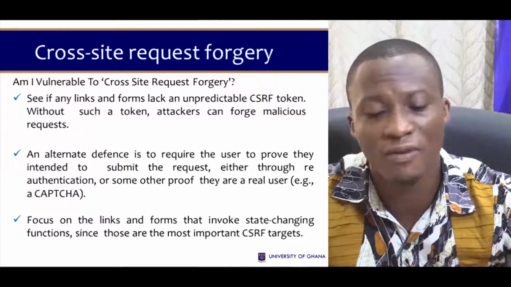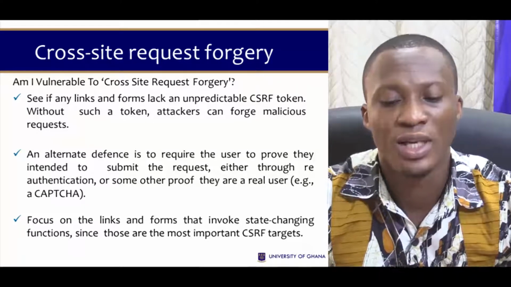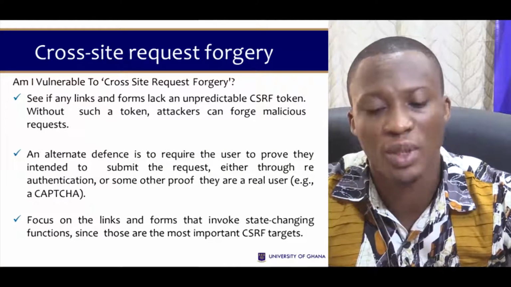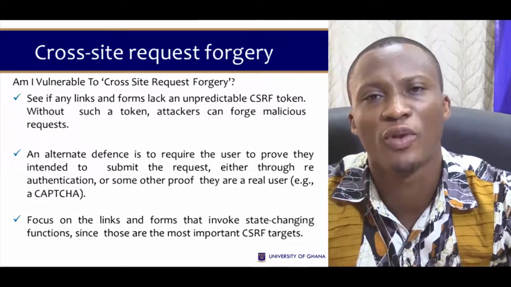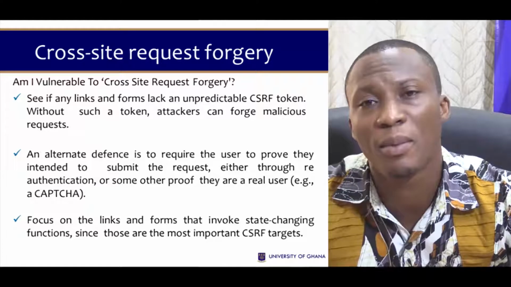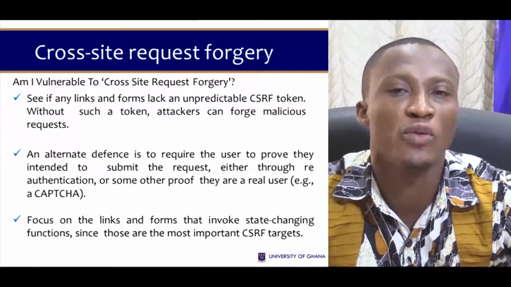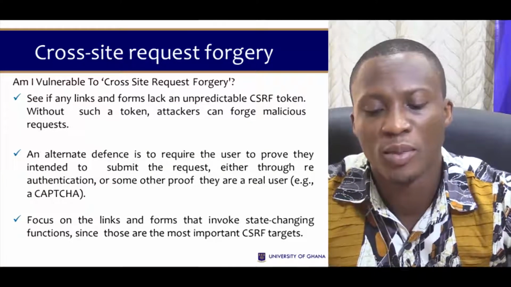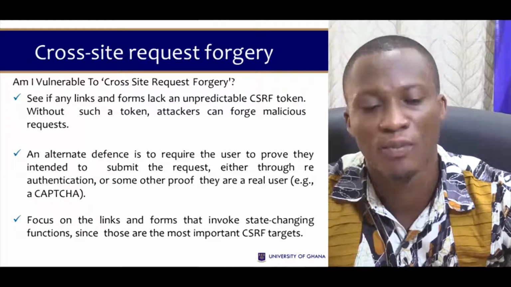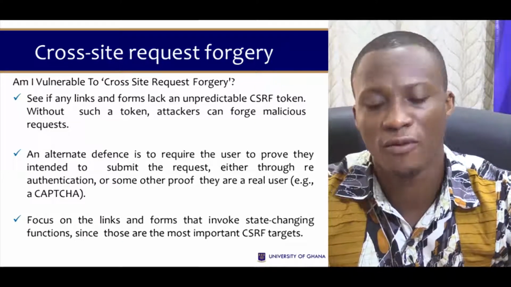An alternative defense is to require the user to prove they intend to submit the request. For instance, with a banking system, once you are transferring money or doing an online transaction, you are asked to verify your account before the money is processed. That is one form of checking against cross-site request forgery.